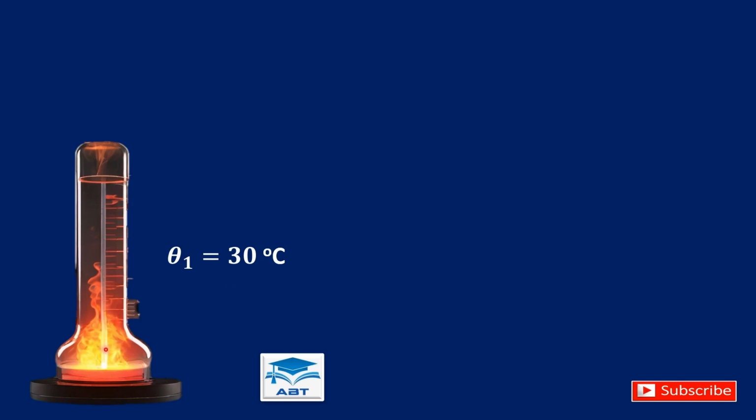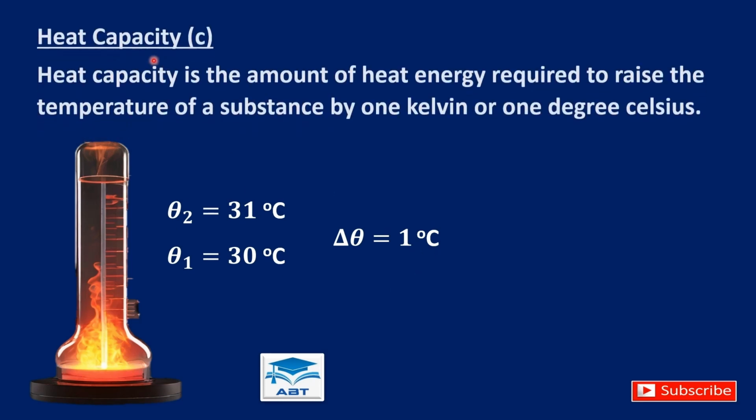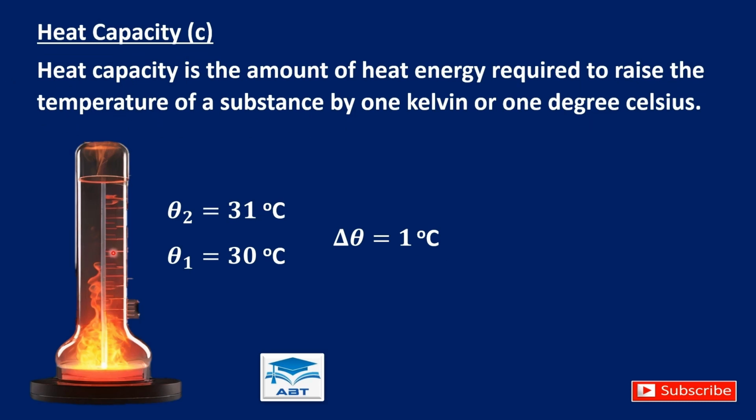Then the heat energy required to change the temperature of the water by 1 degree Celsius, that is to move it to 31 degrees Celsius, which is a change in temperature of 1 degree Celsius, or 1 Kelvin, is the heat capacity of the water.